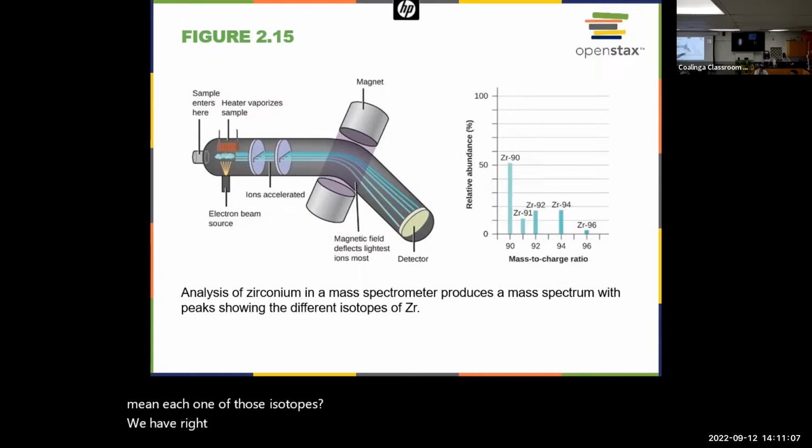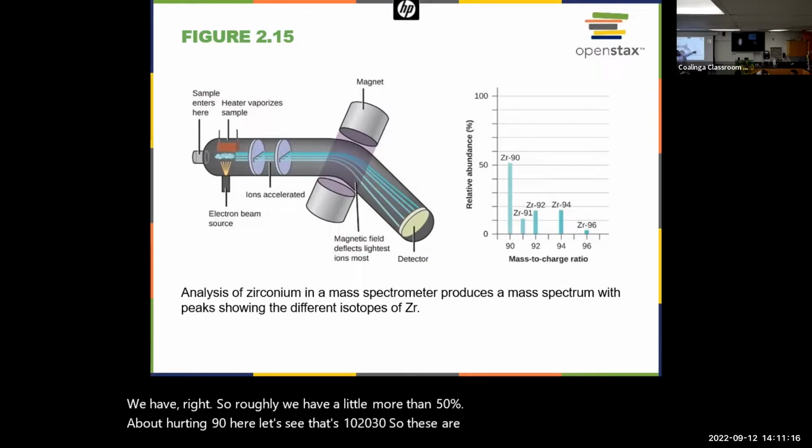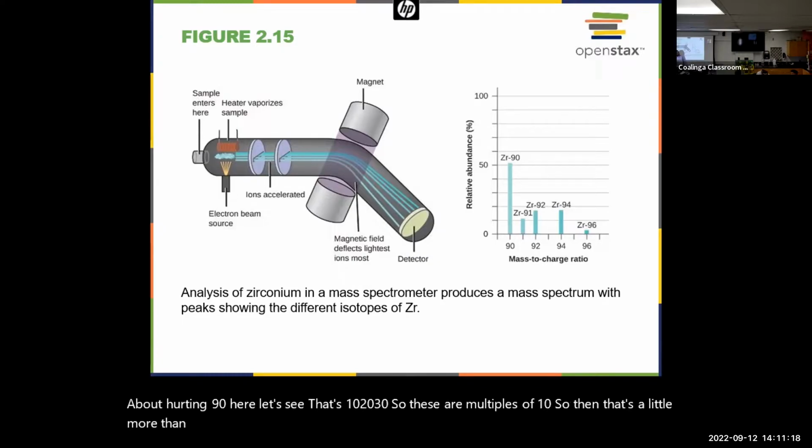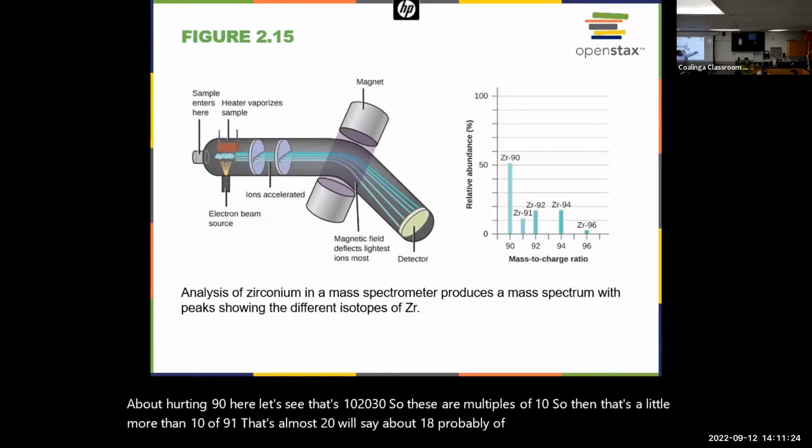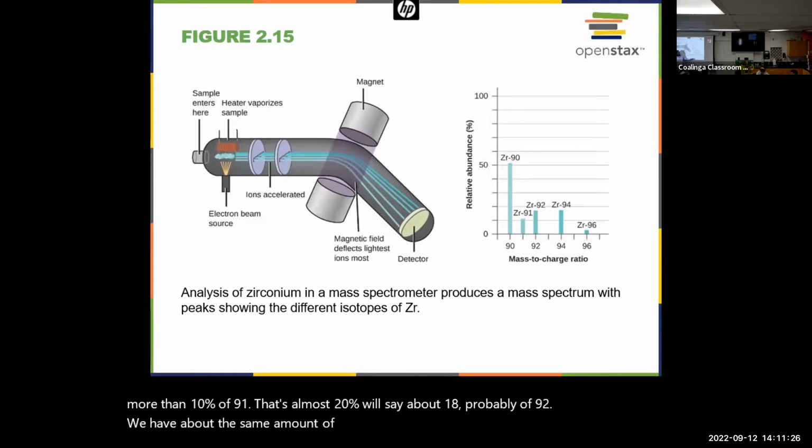Roughly, we have a little more than 50% of zirconium 90. These are multiples of 10, so that's a little more than 10% of 91. That's almost 20%, we'll say about 18 probably, of 92. We have about the same amount of 93, and then maybe 1 or 2% of 96.